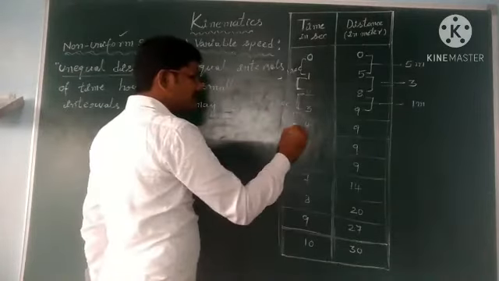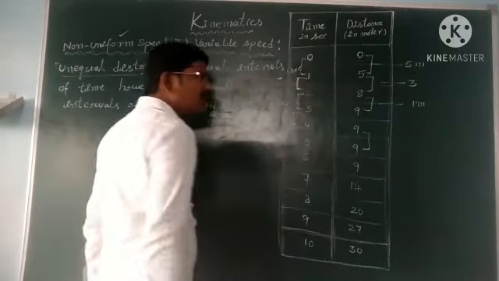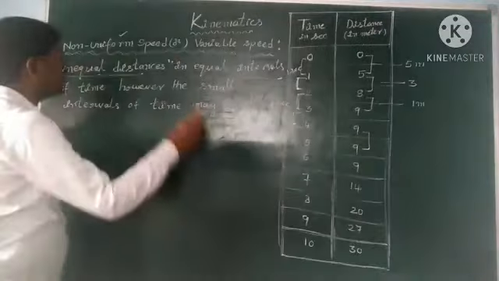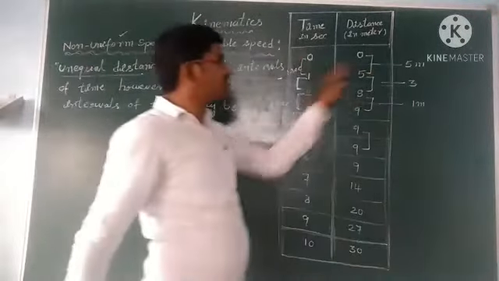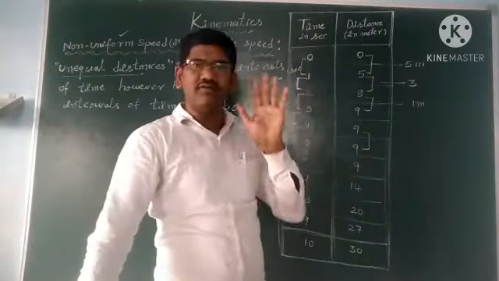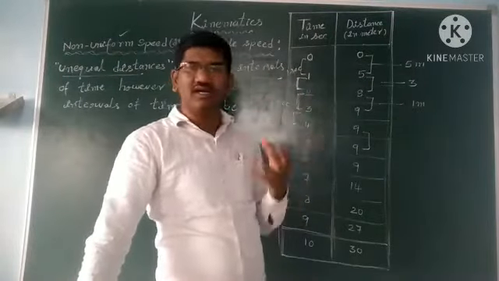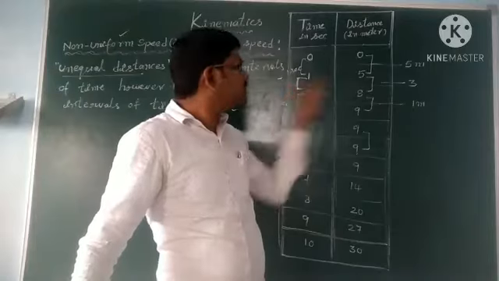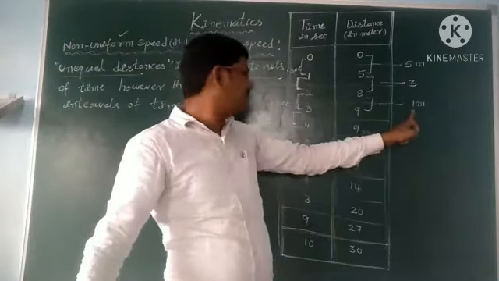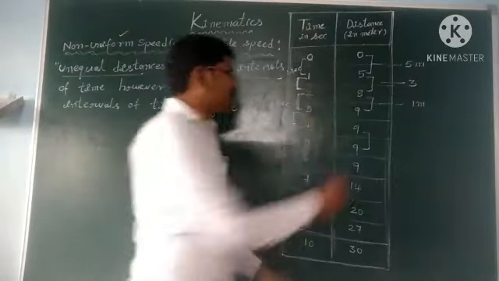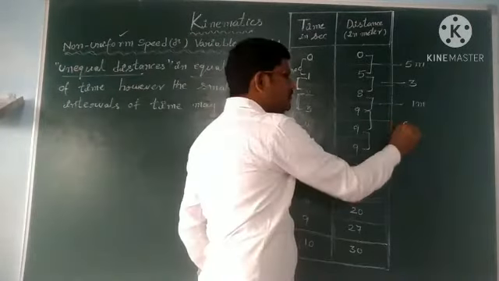And see, it's not covering equal distances. It is covering unequal distances. In the first 1 second it covered 5 meters, in the next 1 second it covered 3 meters, in the next 1 second it covered only 1 meter, and in the next 1 second it did not move, 0.